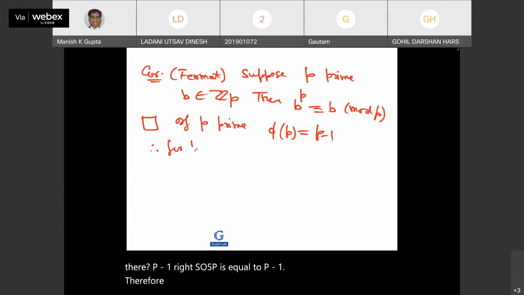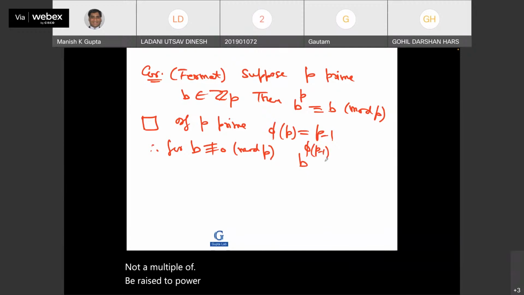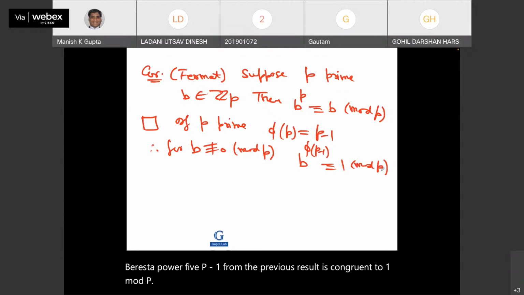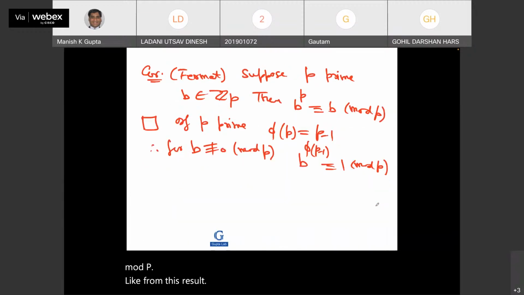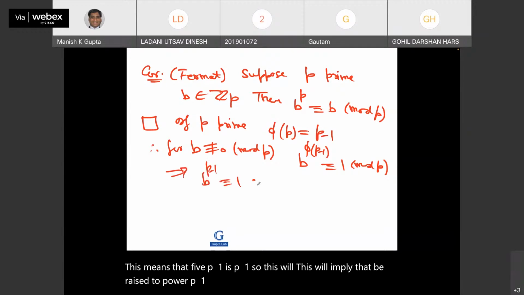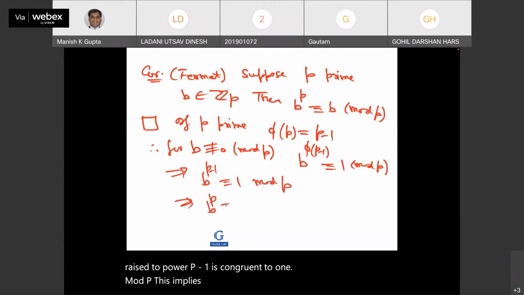Therefore, for b not a multiple of p, b raised to the power phi of p, that is p minus 1, from the previous result is congruent to 1 mod p. So this implies that b raised to the power p is congruent to b mod p.